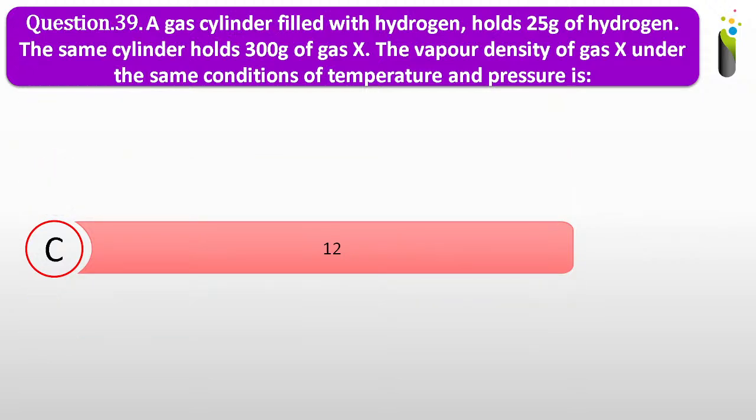And the correct answer for this question is 12. So if a gas cylinder is filled with hydrogen and it holds 25 grams of hydrogen, the same cylinder when it holds 300 grams of gas X, the vapor density of gas X under the same conditions of temperature and pressure is 12. Question number 40.